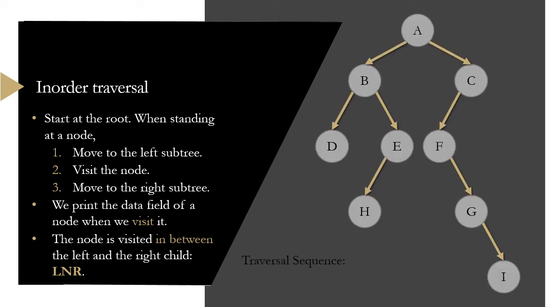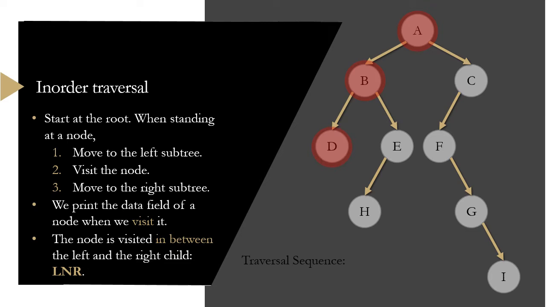So look at this tree. I am going to conduct an in-order traversal of this tree. I start at the root, which is A. Does it have a left subtree? Yes. Move to it. I come to B. Does it have a left subtree? Yes. Move to it.